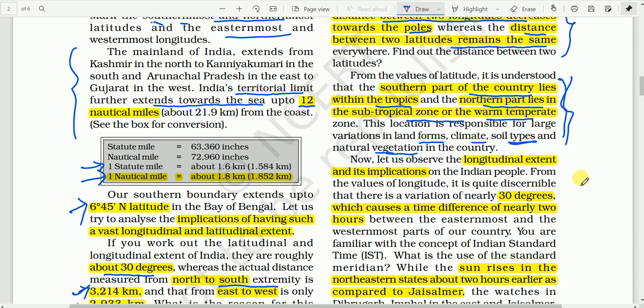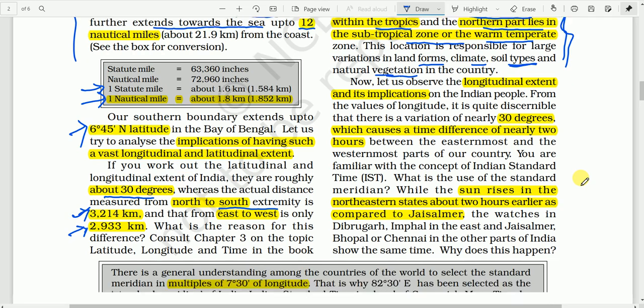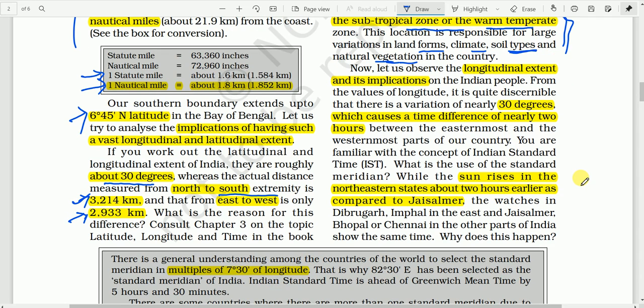So that is the implication of latitudinal extent. And now let us observe the longitudinal extent and its implication on the Indian people. From the values of longitude, it is quite discernible that there is a variation of nearly 30 degrees, which we have learned. The difference between the easternmost and the westernmost longitude is 30 degrees.